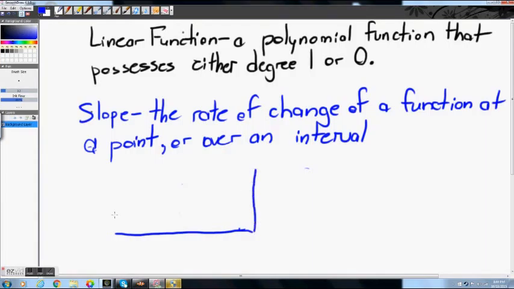Let's say that when we're ascending this hill, for every 30 meters we walk in the horizontal direction, our elevation increases by, say, 15 meters. So, the slope is the rate of change of the function.